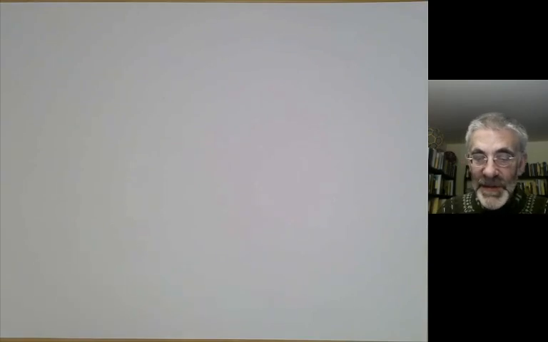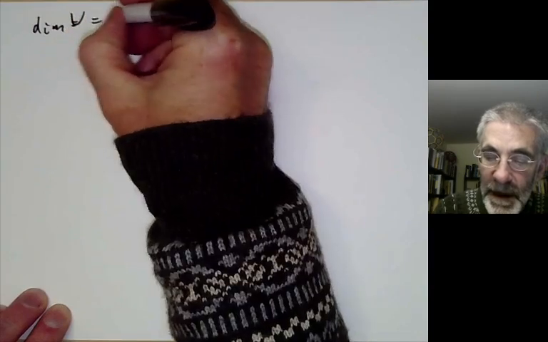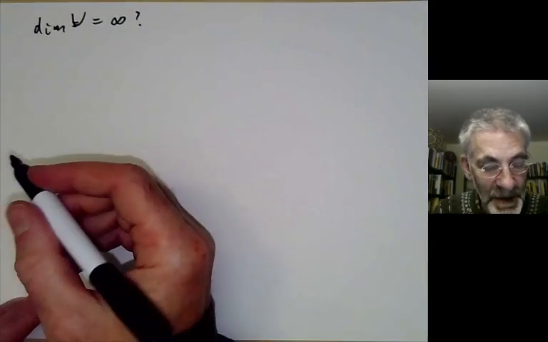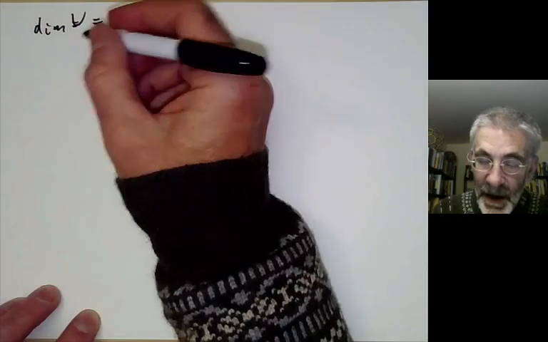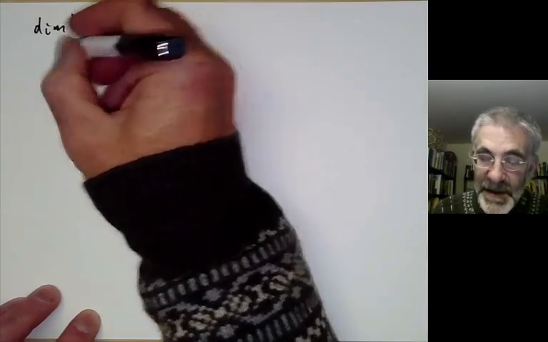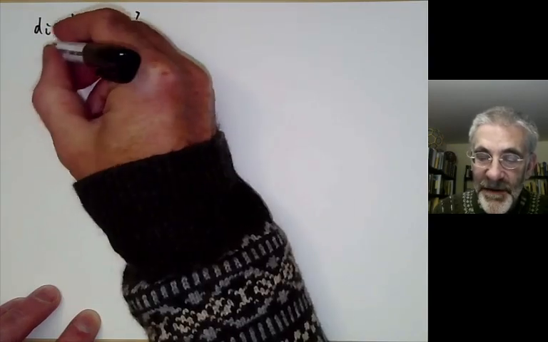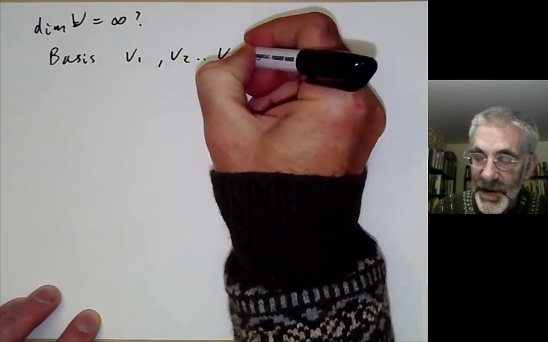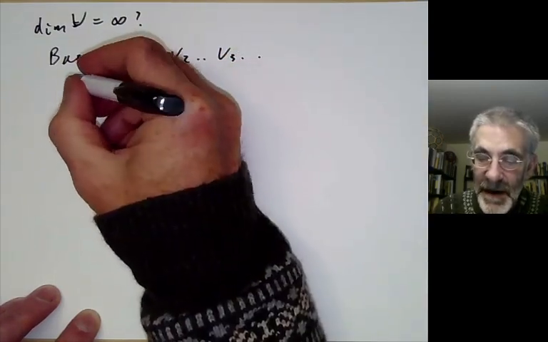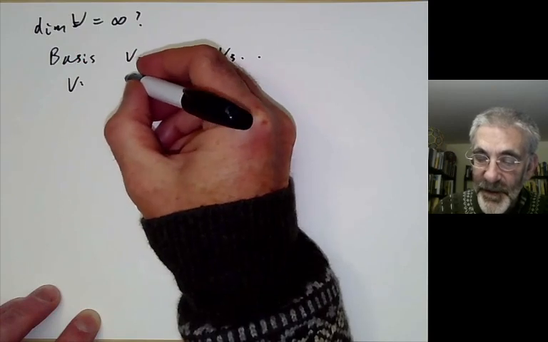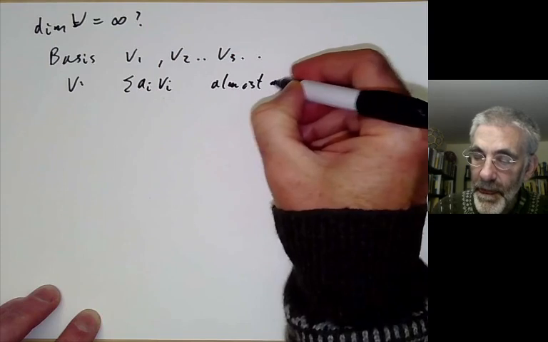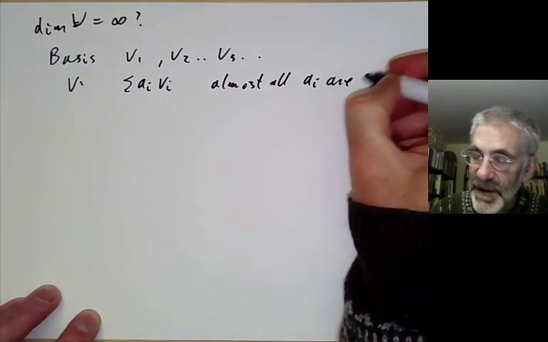And you can ask what happens if the dimension of V is infinite. In this case, V is usually not isomorphic to either its dual or its double dual. For instance, suppose the dimension of V is just countable, so V has a basis v1, v2, v3 and so on. So the elements of V are things of the form sum of a_i v_i, where almost all a_i are 0.